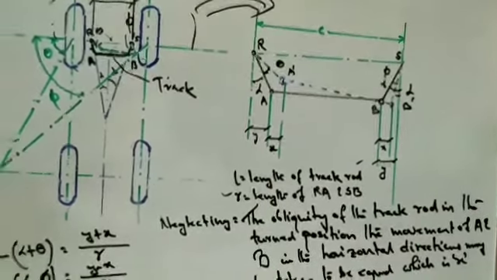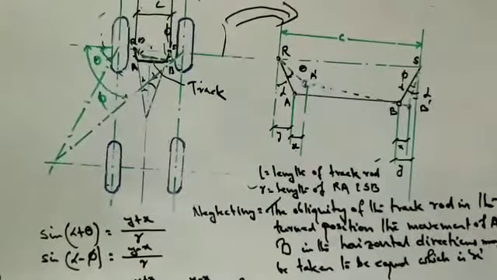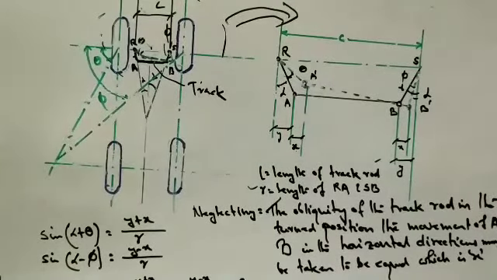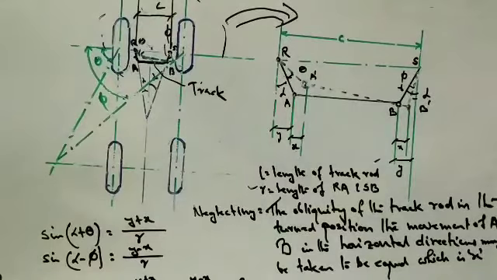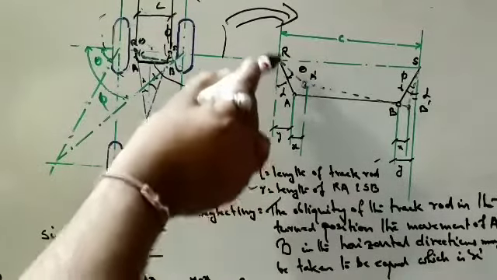Now we see that sine of alpha plus theta is equal to y plus x by r, where r is the length of RA.